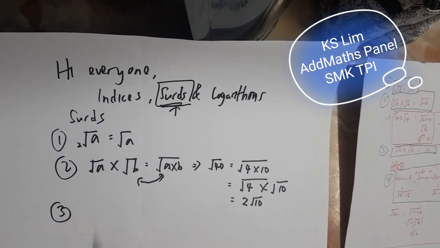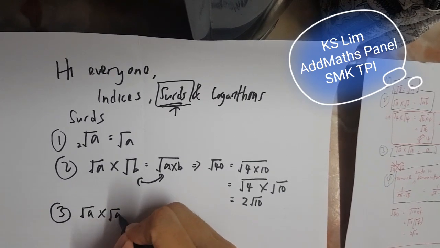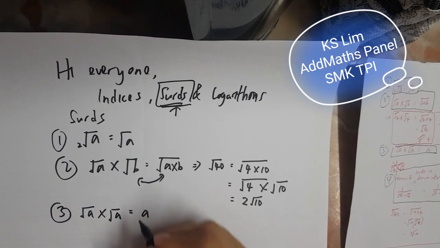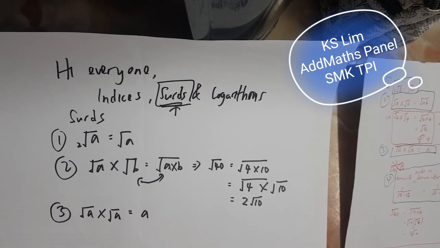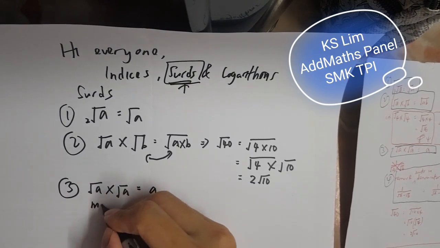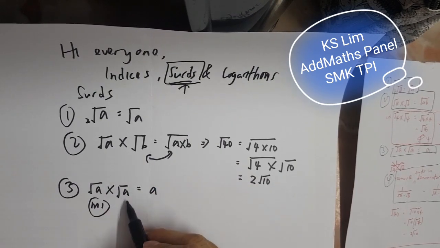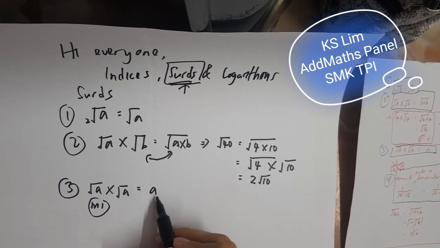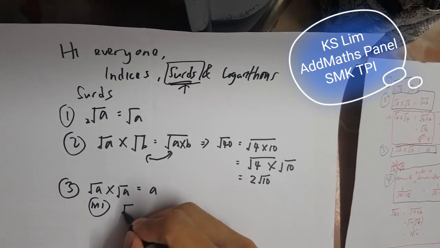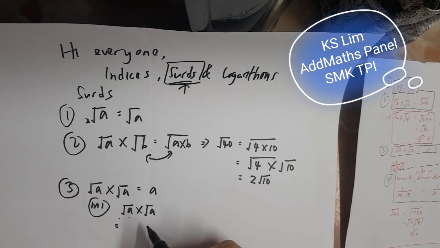The third concept is square root A multiply square root A is equal to A. So I show you with these two examples, but actually it's the same example in two methods. For method 1, I can prove that square root A multiply square root A, you will get A. And how to do it? Square root A multiply square root A, let's say square root A is 2, but they are multiplied each other.